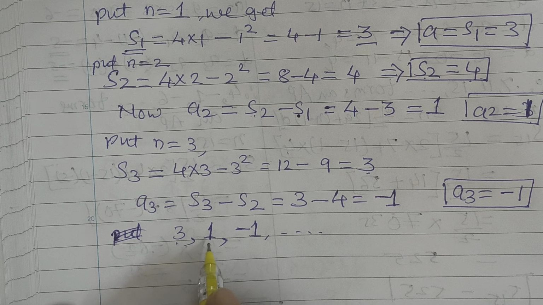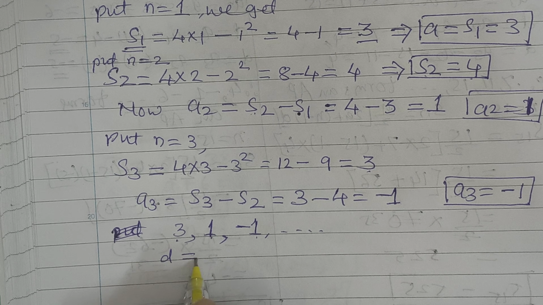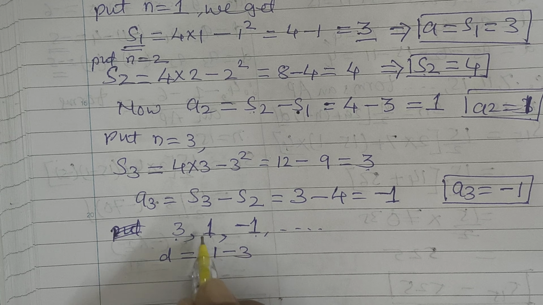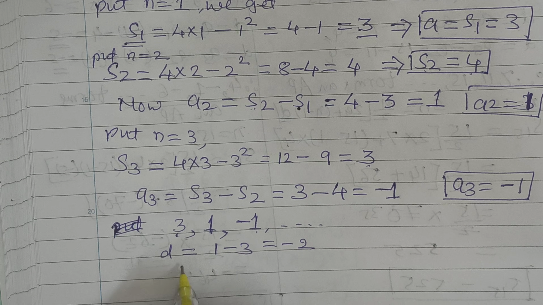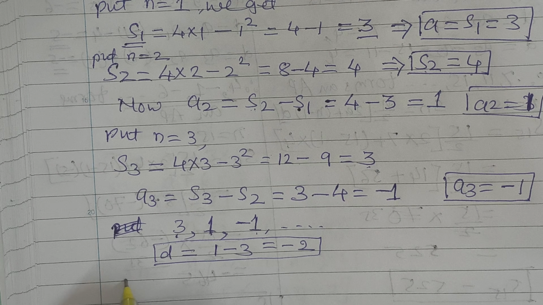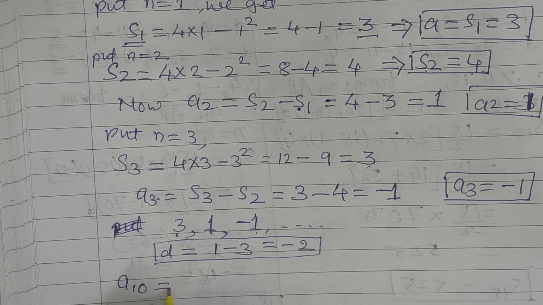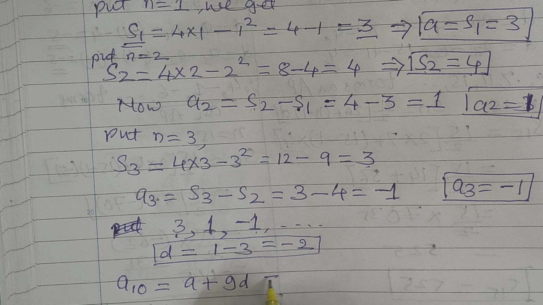So first term we know, second term, third term. So we will find out D, that is 1 minus 3. Second term minus first term, that is minus 2. And from this we will get the 10th term, that is A10 is equal to A plus 9D.